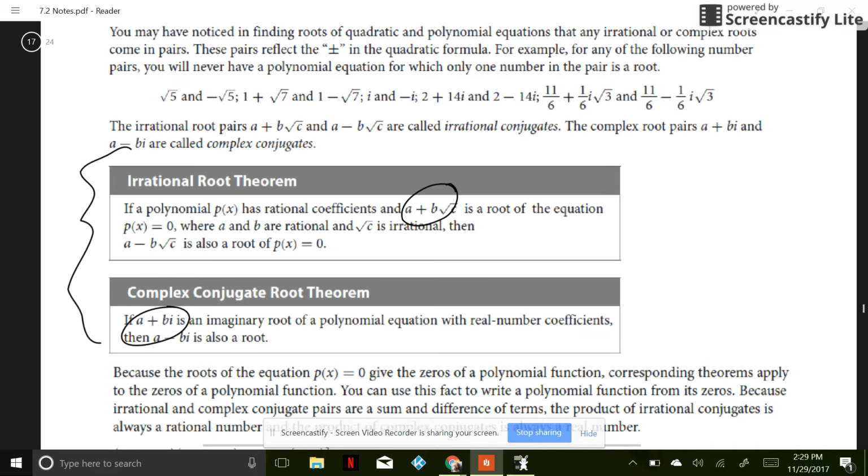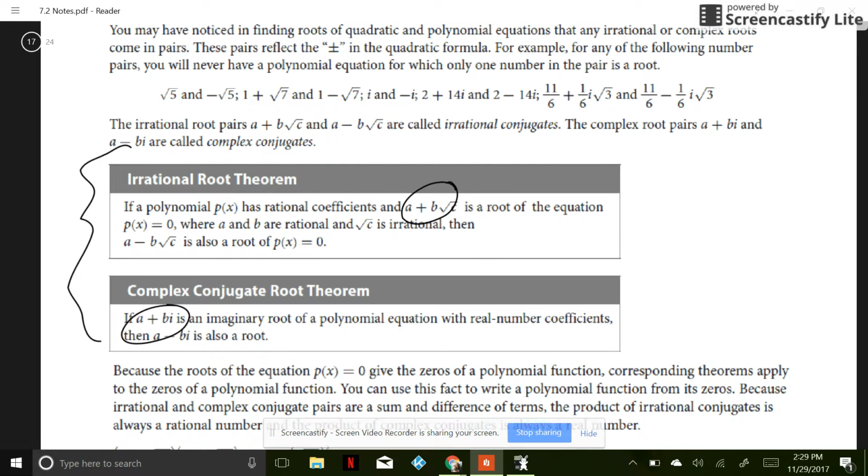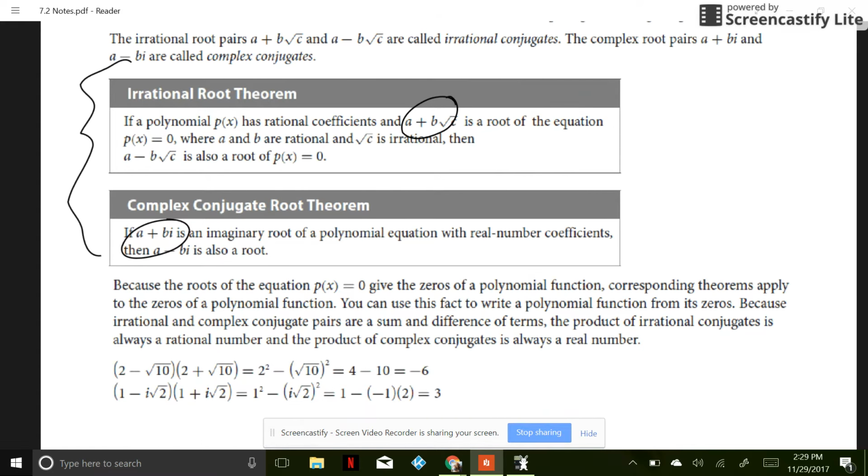So when you write a function in simplified form from its factored form, if they tell you one root that's got something with a square root in it, like a plus b root c, or if you have an imaginary root, it's always got to come in pairs. So if they tell you one of the solutions is positive 3i, another one has to be negative 3i because they always come in pairs.